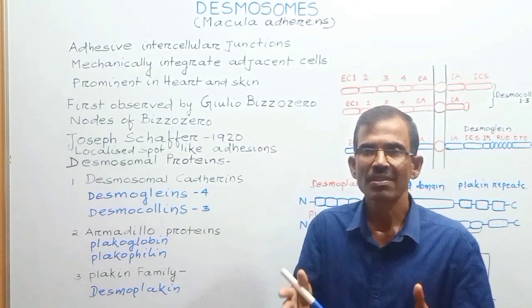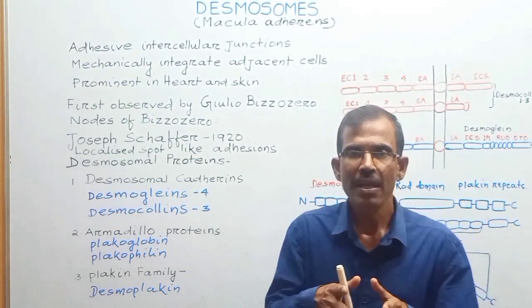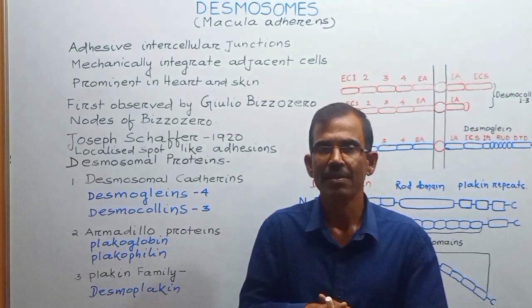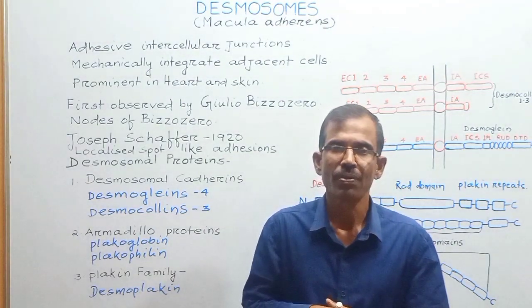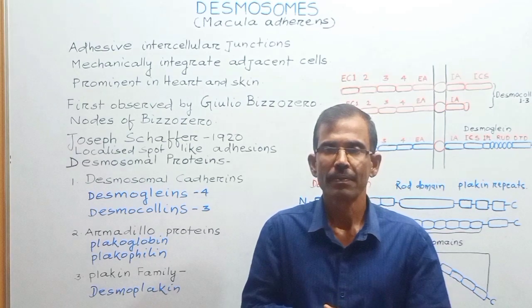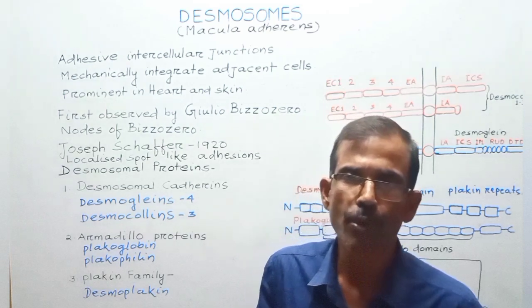A type of junctional complex, desmosomes are localized spot-like adhesions randomly arranged on the lateral sides of the plasma membrane. Desmosomes are composed of three types of proteins.